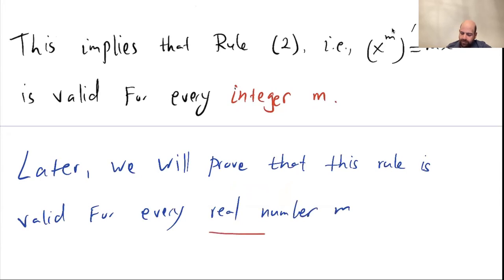So even if m is an arbitrary real number, not necessarily an integer, for example, let's say if m is root 2, what is the derivative of x to power root 2? We'll see that the derivative of x to power root 2 is root 2 times x to power root 2 minus 1. So the derivative of x to power m is m x to power m minus 1 for every real number m. So far, we proved it for every integer m. Later, we'll prove it for, or generalize it to, every real number m.